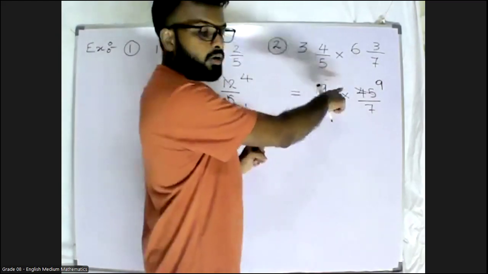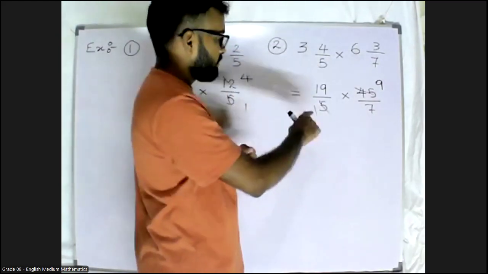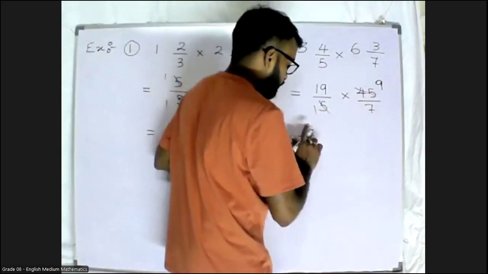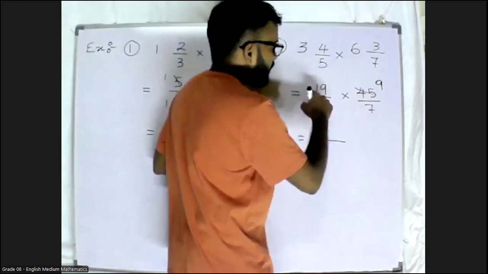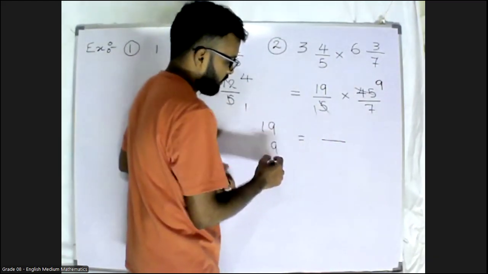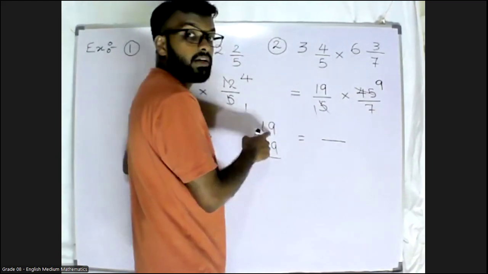I know you can do the rest from here. So I will simplify the numerator first. I will do 19 times 9. 9 times 9, 81.